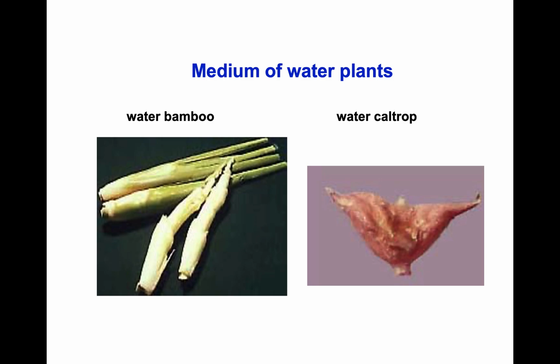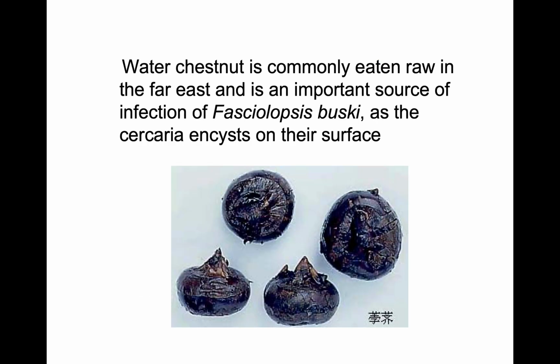Usually we eat it by just boiling it with water. But if you eat them raw, they just pick them in the water and then open the shell and eat the inside. It's very juicy and a little bit sweet. But from today you will know that this is a hiding place for the buski fluke.